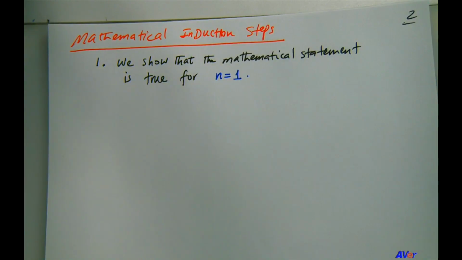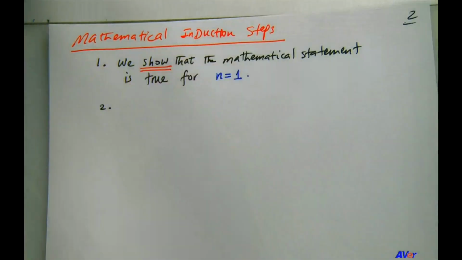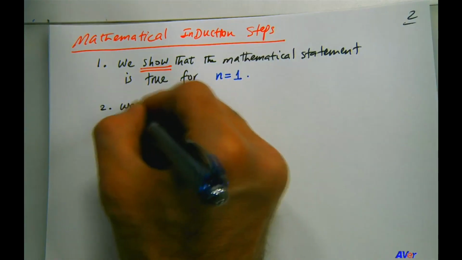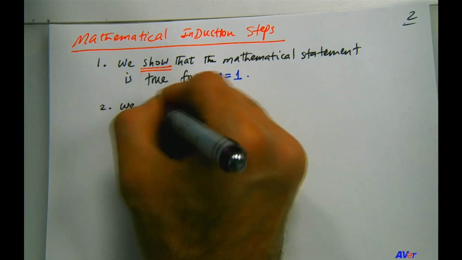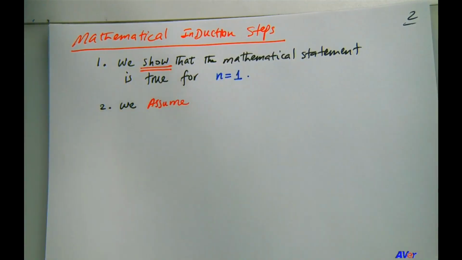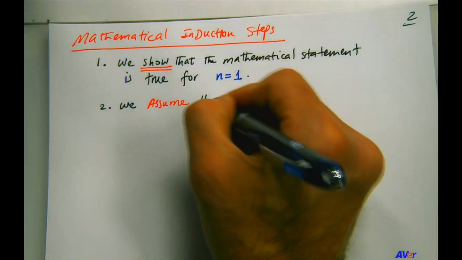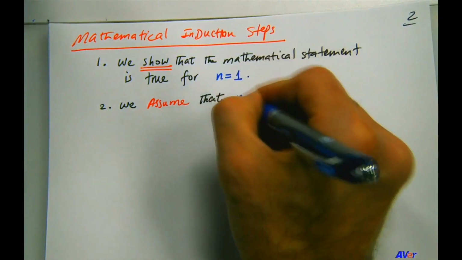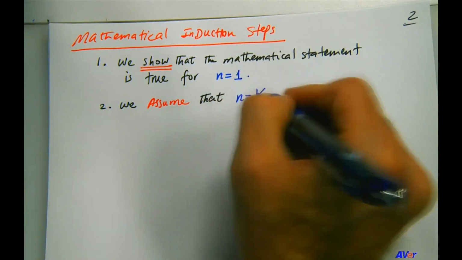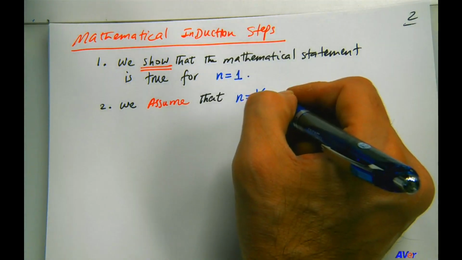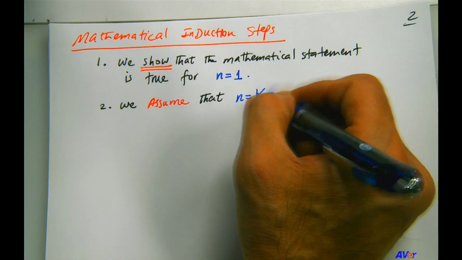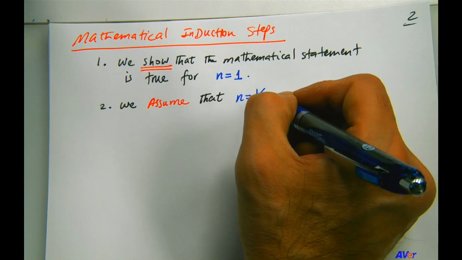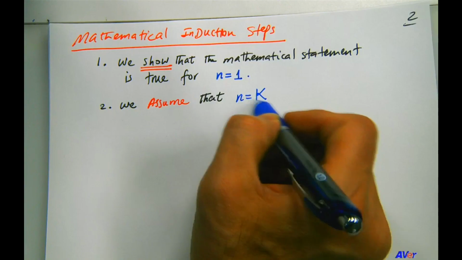Second, so this is something we show. I should have written that in red color. And then the second step is, here comes the red ink, we assume that n equals some k. Your book calls it k, it's okay, but it's not a number, it's always a variable. And we'll do examples so you know exactly what I mean.